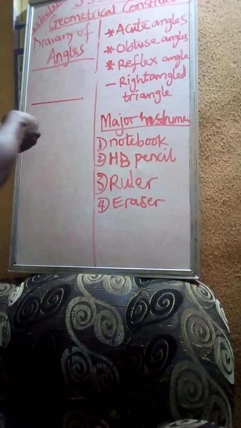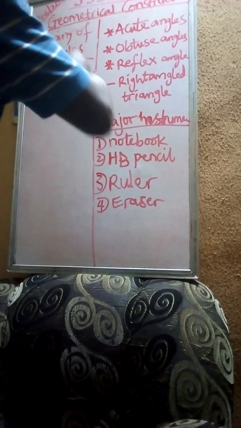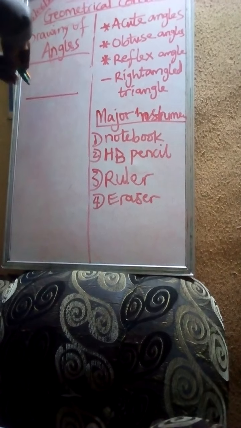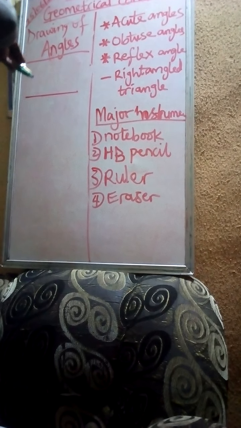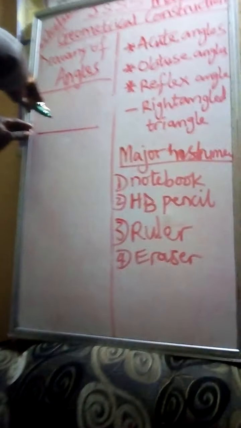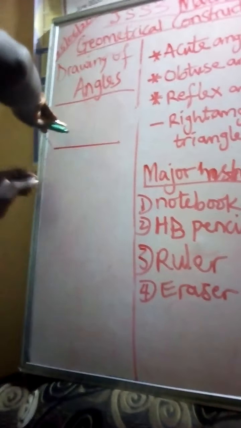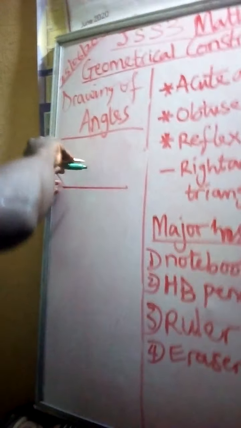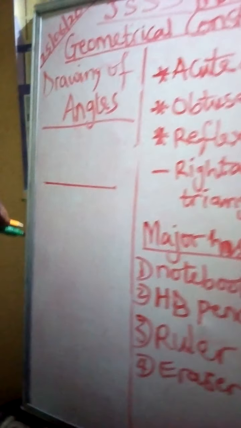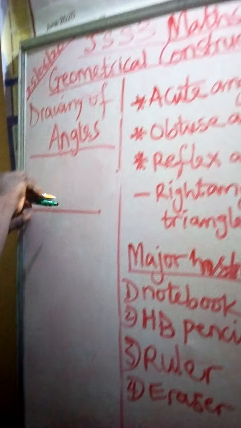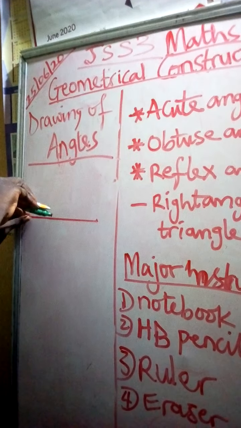So this angle, you put it here like this, closer. You put it here at the extreme end like this. Because it is angle 60. Put it at the extreme like this.